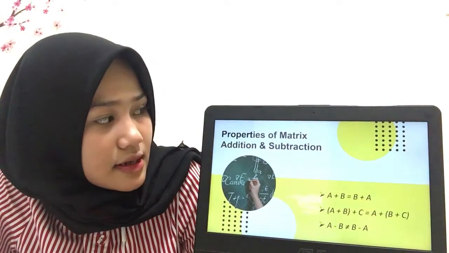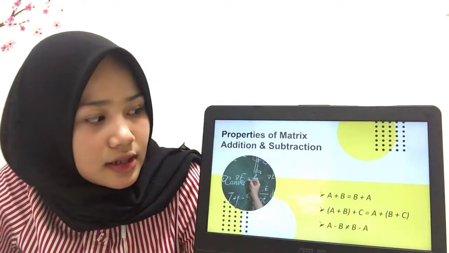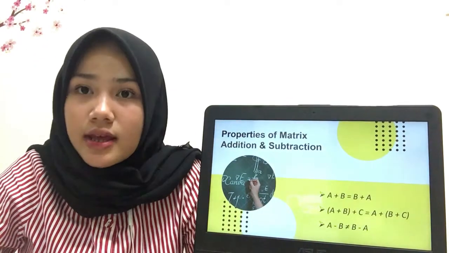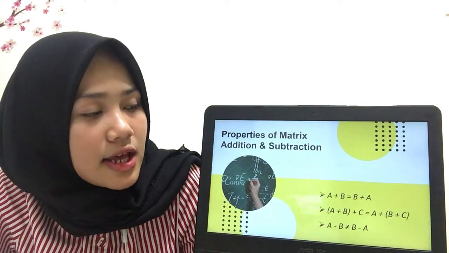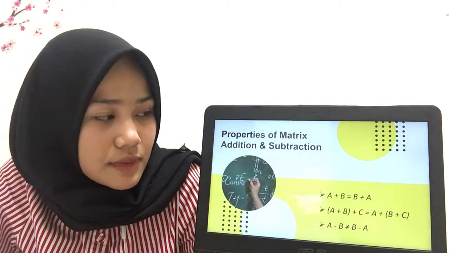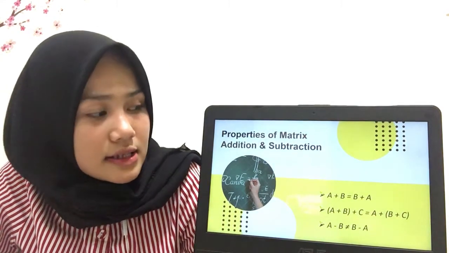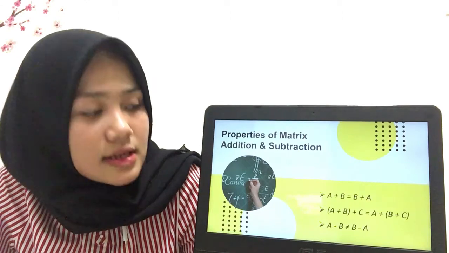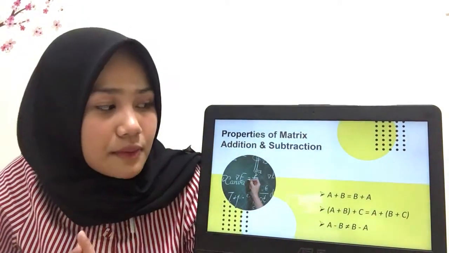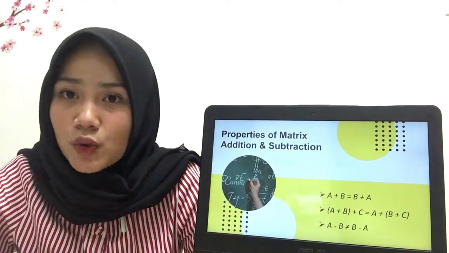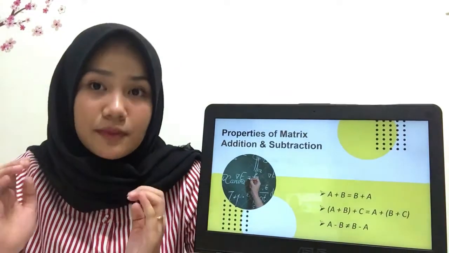Next is properties of matrix addition and subtraction. There are 3 properties. The first property is matrix A plus matrix B is equal to matrix B plus matrix A. The second property is matrix A plus matrix B in a bracket plus matrix C is equal to matrix A plus matrix B plus matrix C in bracket.